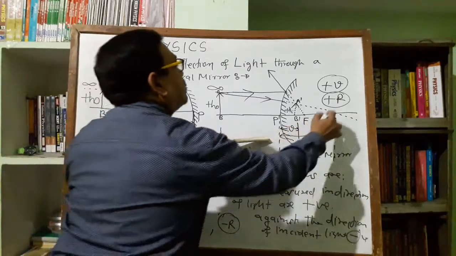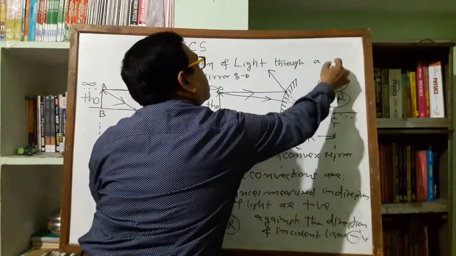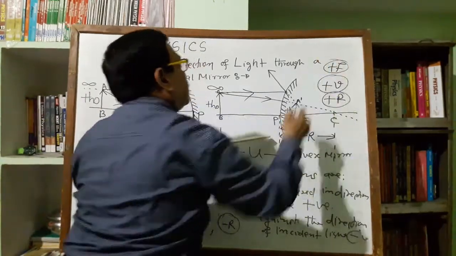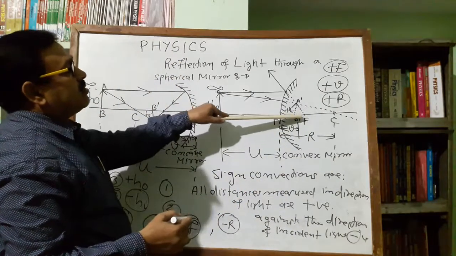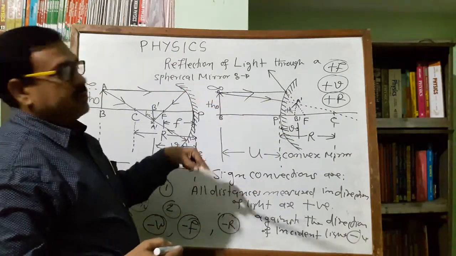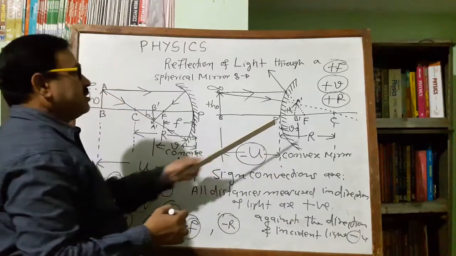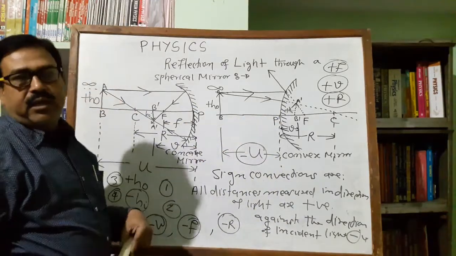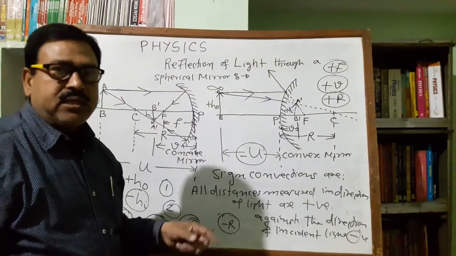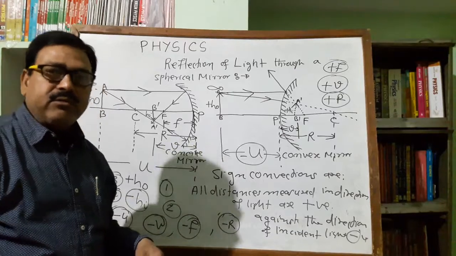We will put plus focal length because the focal length is also in the direction of light. But we will put a minus sign for object distance because it is against the direction of incident light. So this is the sign convention. We will make use of it later on.